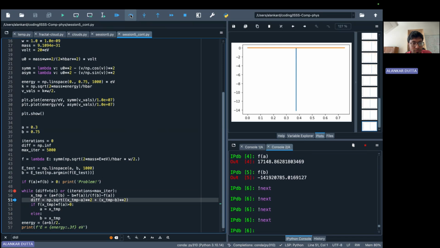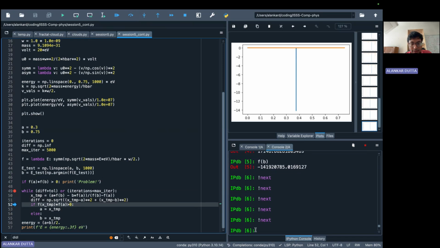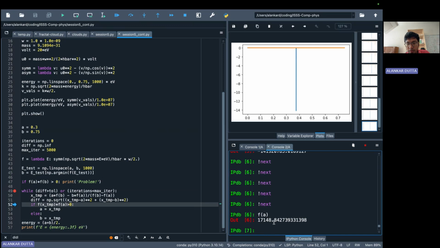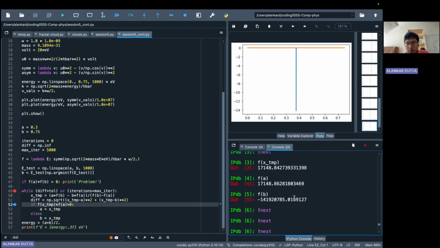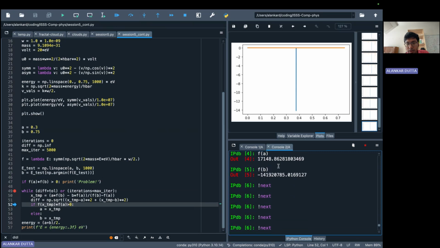And now we calculate the new difference. And now let's see, f of A now has to give me what I have got for f of XGMP previously.